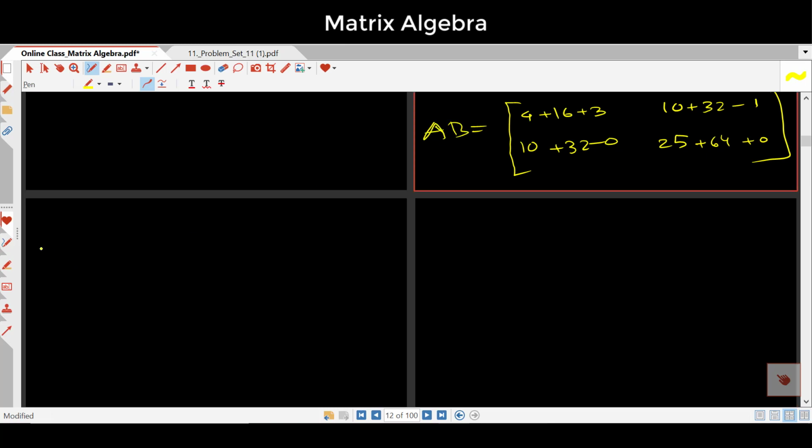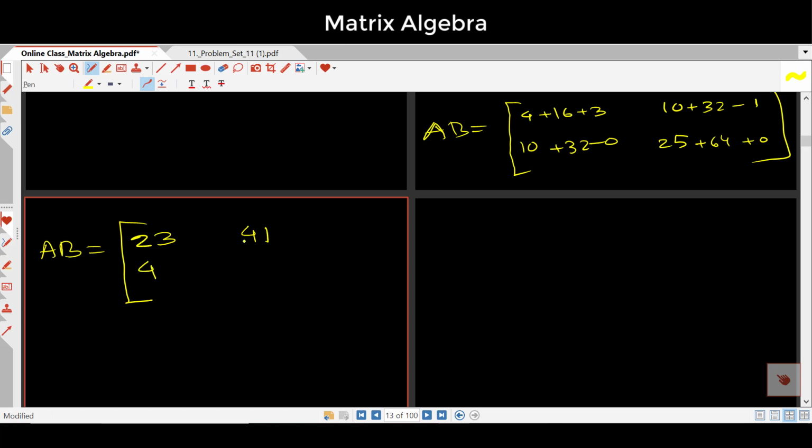So finally A times B equals, here 4 plus 16 plus 3, that is 23. Then 10 plus 32, 42 minus 1, that is 41.